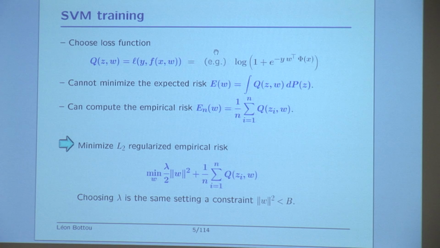We know that we cannot minimize the expected risk, the expectation over w of the loss over the probability, because we don't know the probability. But we can compute an empirical risk. And we can minimize the L2 regularized empirical risk: the minimum over w of the regularization term here, and the empirical risk. And choosing lambda, in fact, if you interpret this as a Lagrangian, is the same as saying that w squared is less than B, some constant.